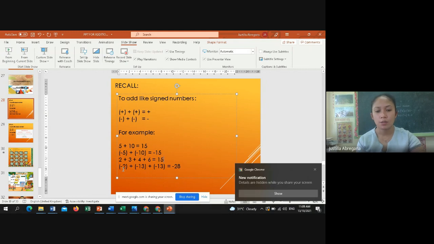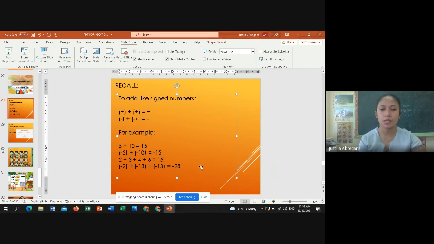And we have here the last example, negative 2 plus negative 13 plus negative 13. As you can see, we have here all negative integers. So we have to write the negative sign here.